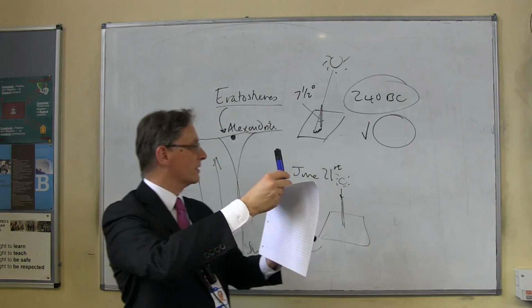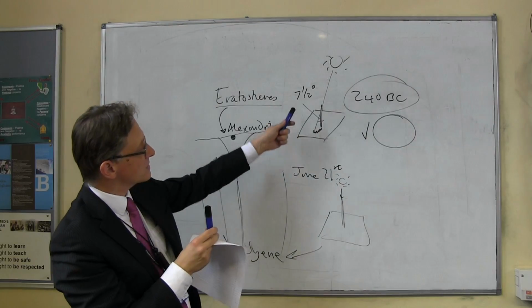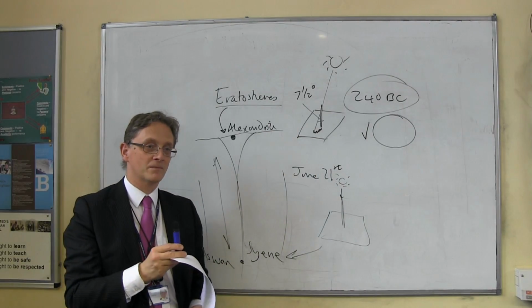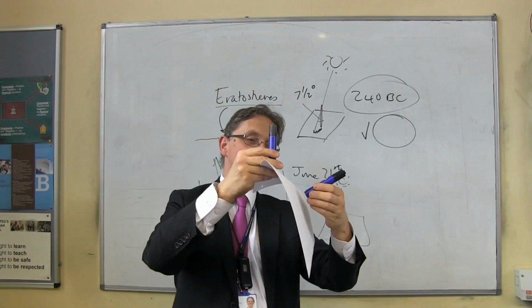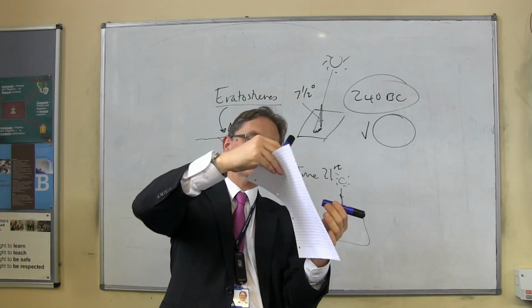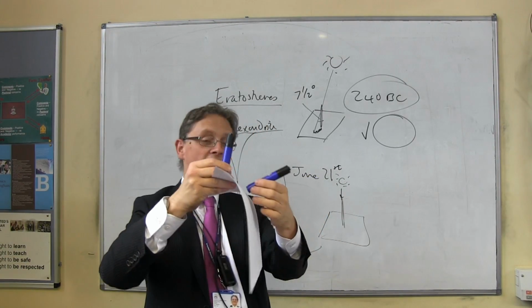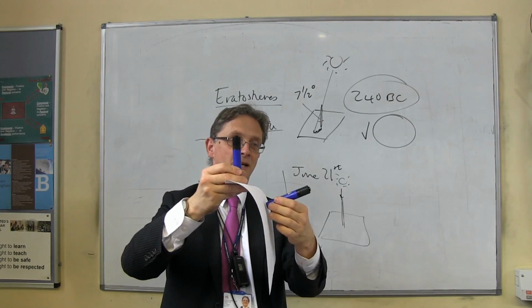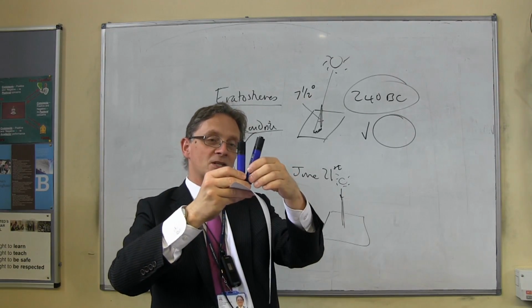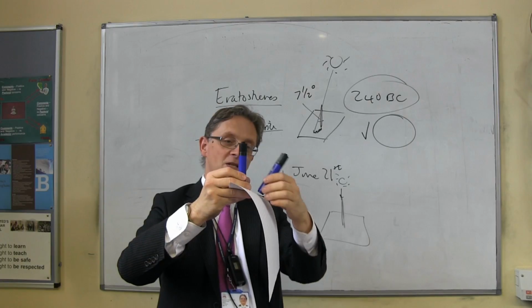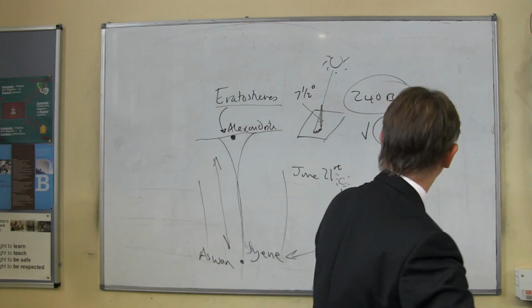So this 7.5 degrees is really important, because it shows you how far Alexandria is round the Earth from Syene. The distance from Alexandria to Syene is obviously equivalent to 7.5 degrees.